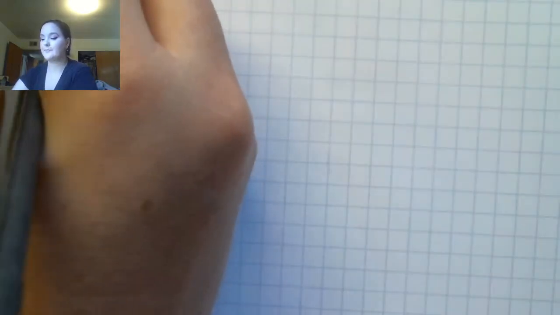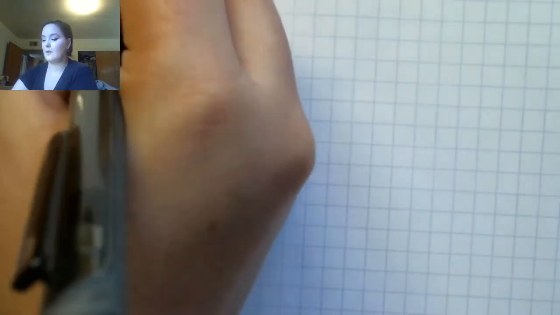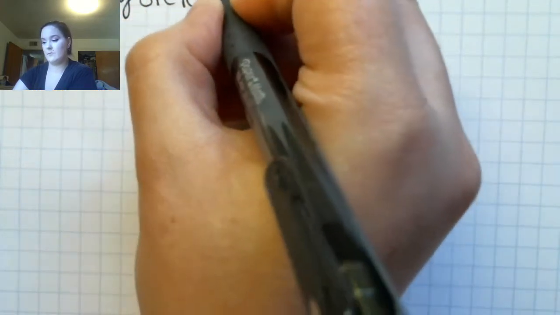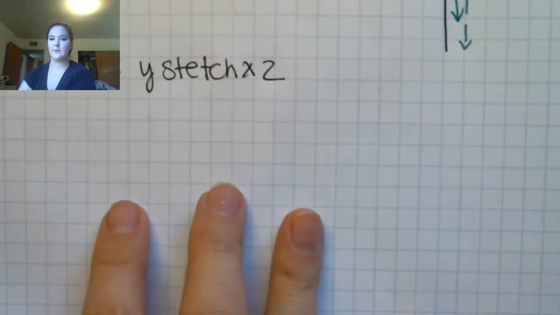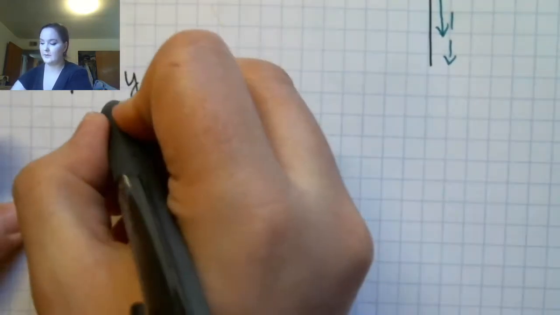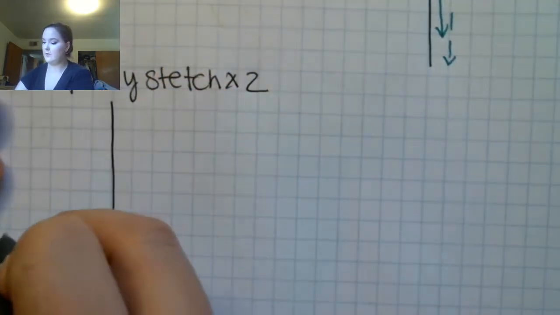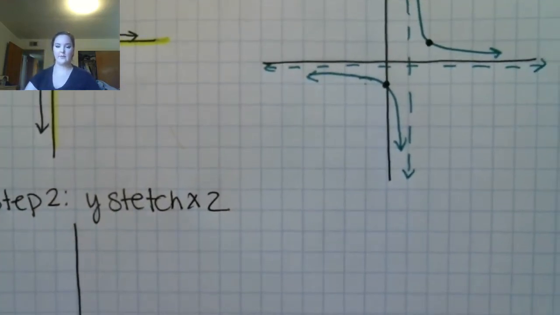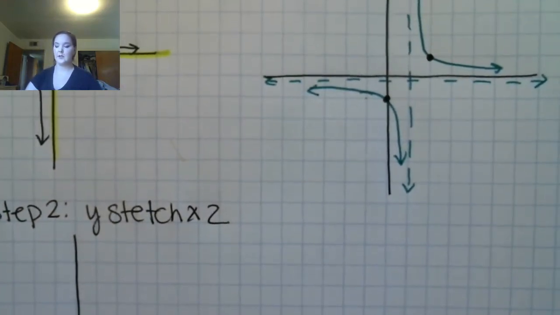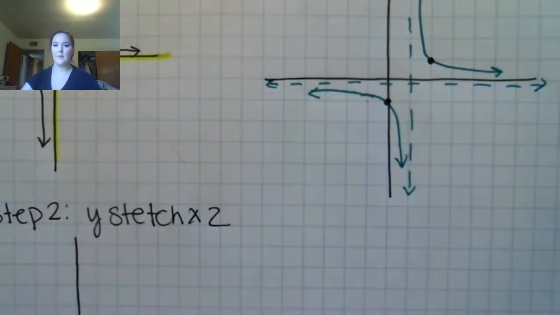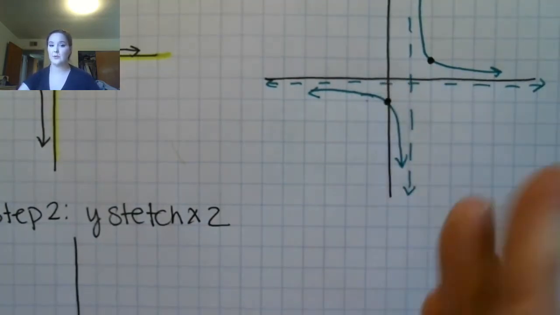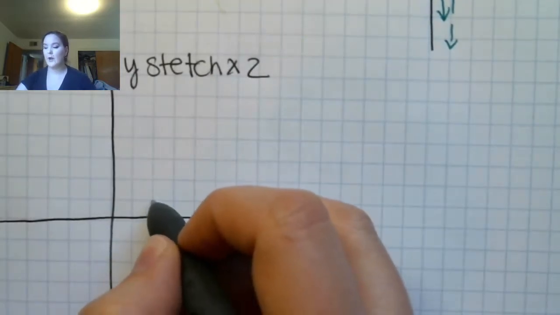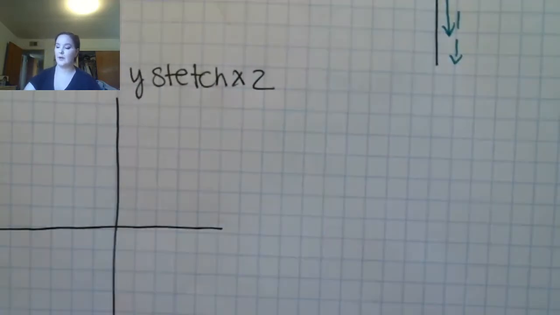So we're going to stretch our y coordinates by 2. We're going to look at this graph. For my key point here, I'm going to have the same x coordinate, which was 2, and my y coordinate is going to get multiplied by 2.